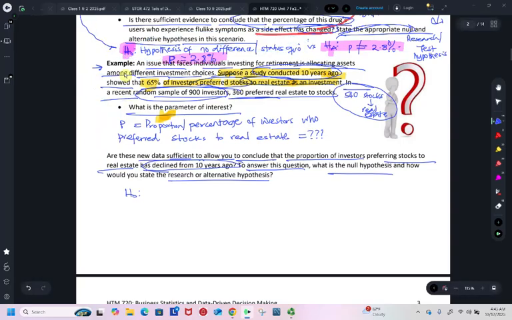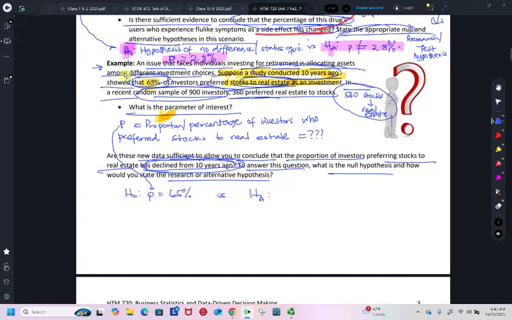Well, 10 years ago, what did we know? We know that it used to be what? 65% who preferred stocks to real estate. So that means that this proportion, the parameter, the population proportion, was 65%. And we take that as the existing status quo versus the alternative that it might have declined.